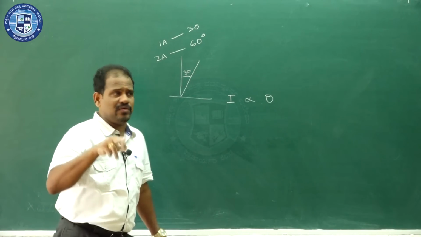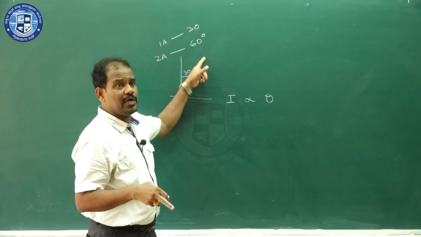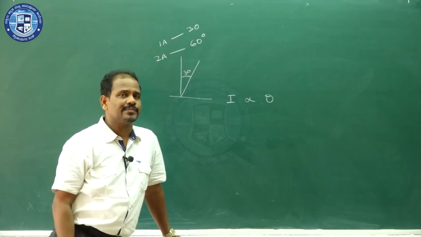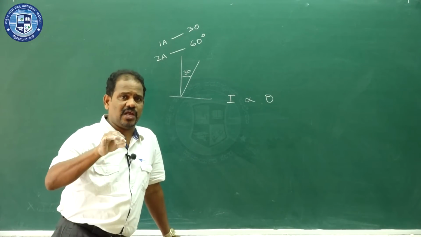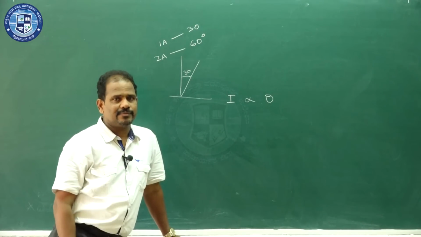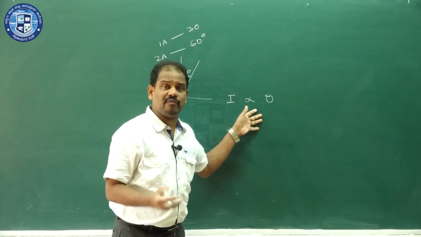If it is 55, then it is not proportional. There should be proportionality between the current and the deflection, the rotation.